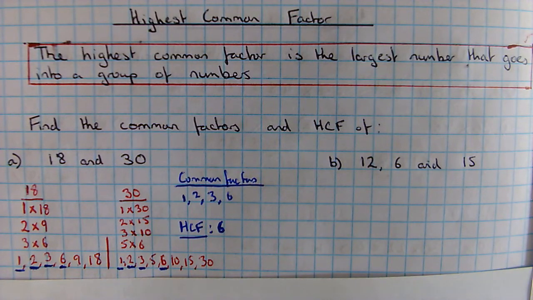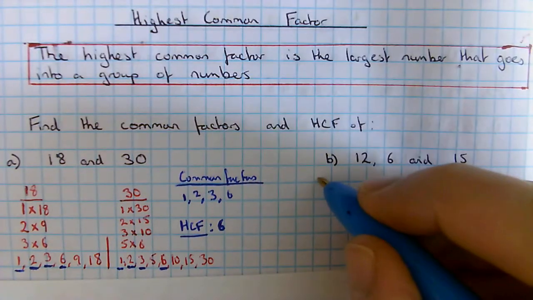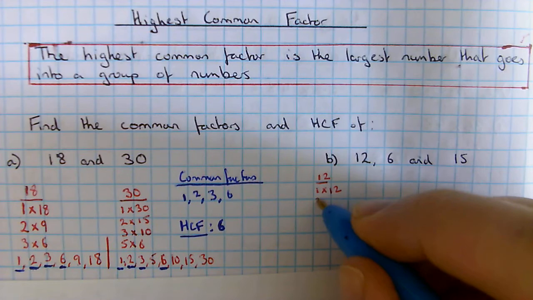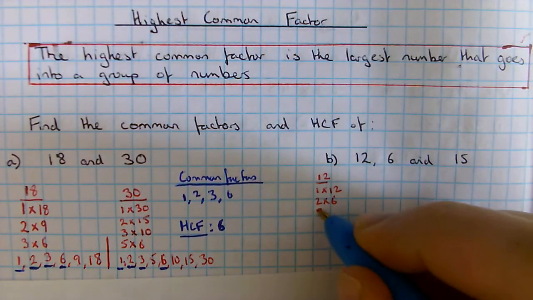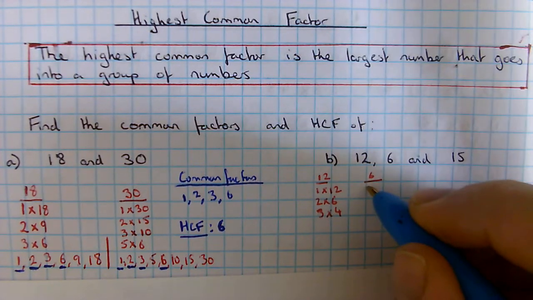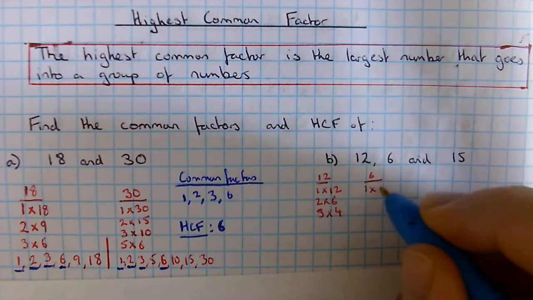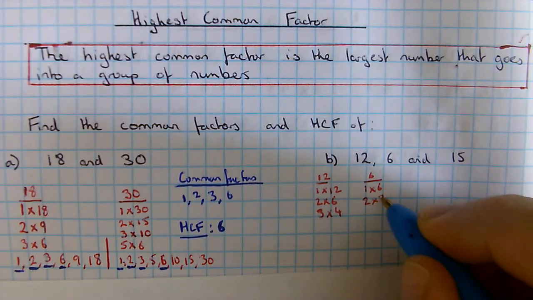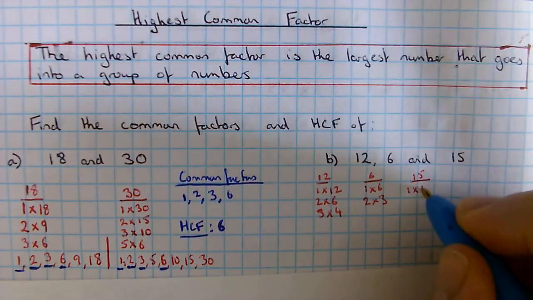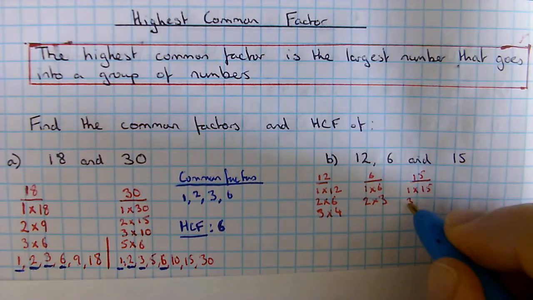So again, we're going to write a list of factors. I've got 12 is 1 times 12, 2 times 6, 3 times 4. 6 is 1 times 6, and 2 times 3, and 15 is 1 times 15, and 3 times 5.